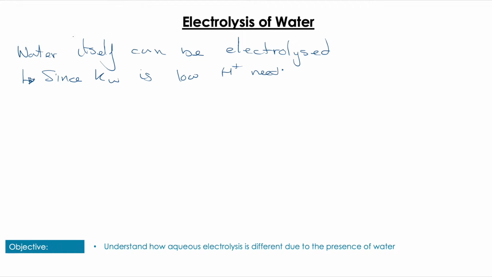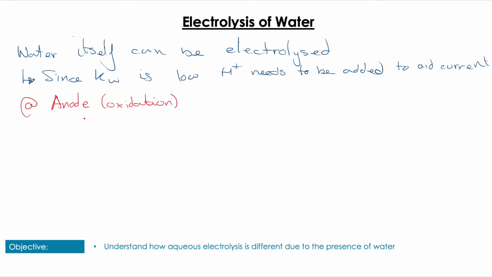All we need to do is add some protons so we can aid the current conducting. So this is split into 2 reactions. At the anode, where we always have oxidation, remember, we get the reaction, remember these are in your data booklet, of oxygen plus H plus and electrons goes to H2O, and that has a value of plus 1.23.